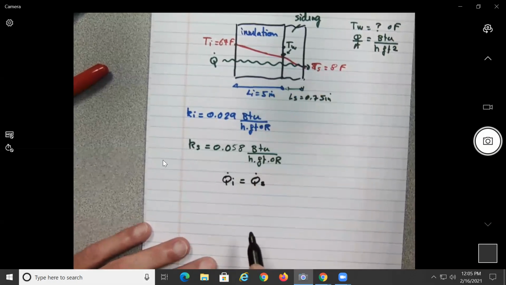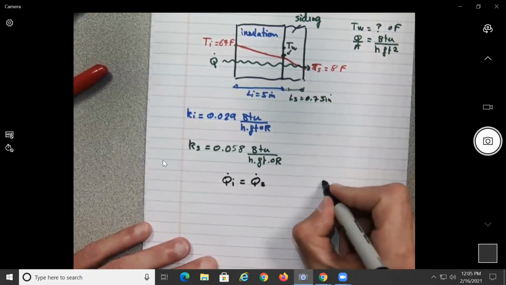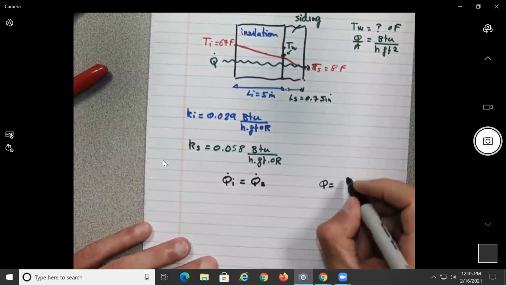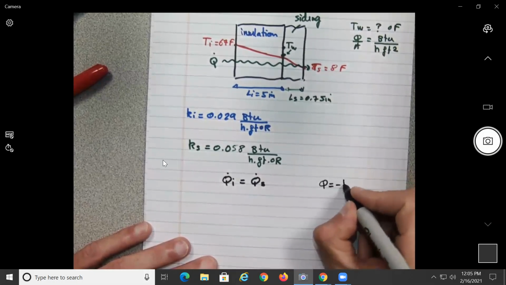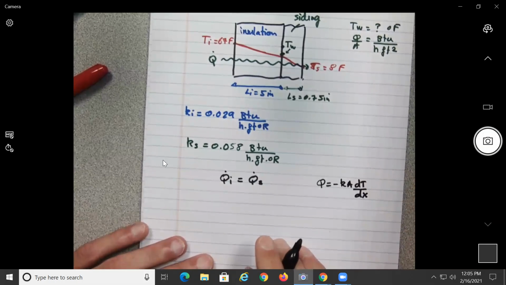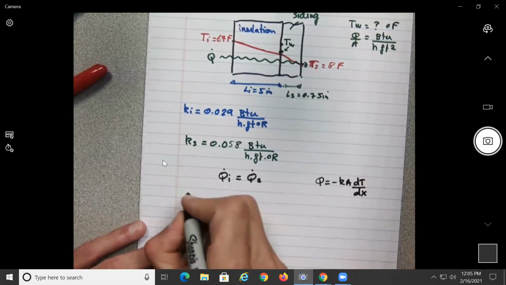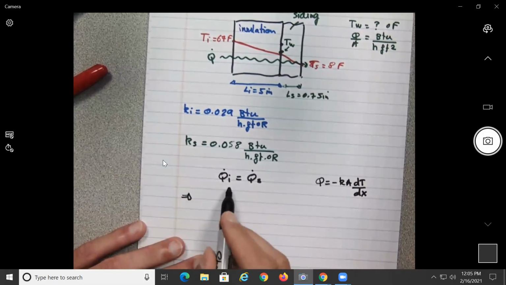And what type of heat transfer mode do we have? Conduction. And for conduction, we can use minus kA dT/dx. But personally, I remove the minus sign and I'll tell you how I do it. What is the amount of heat going through the insulation?